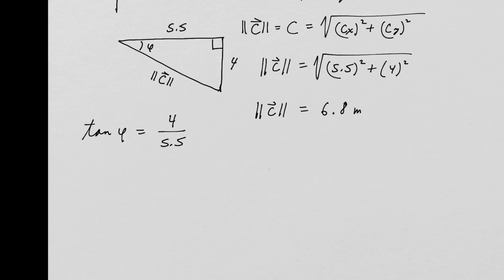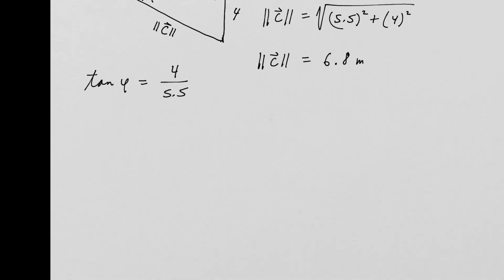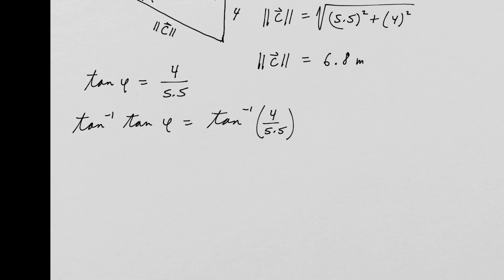But I don't want tan of phi, I actually want the angle phi. So how do I extract out the angle? Here's where we have to use our inverse tangent, our arctangent. So I have to take the inverse tangent of both sides. Inverse tangent of tan of phi just gives me phi.